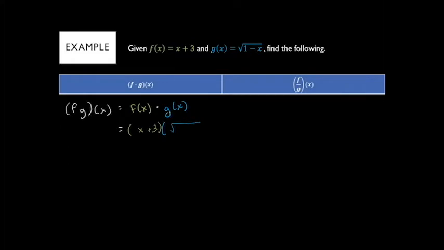And then g of x is the square root of 1 minus x. So we put parentheses because you may have multiple things you are multiplying here. Like in this case, we could multiply the x by that square root and the 3 by the square root, that you can simplify or multiply out.